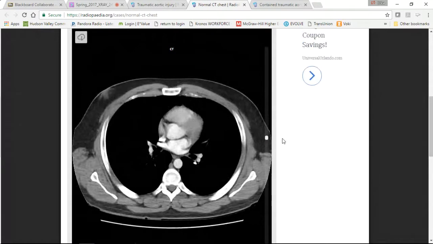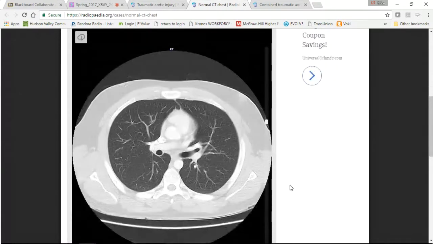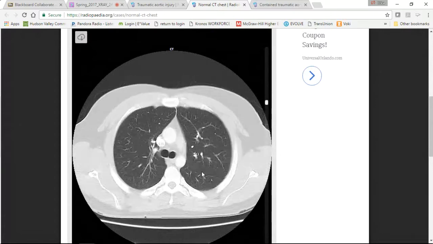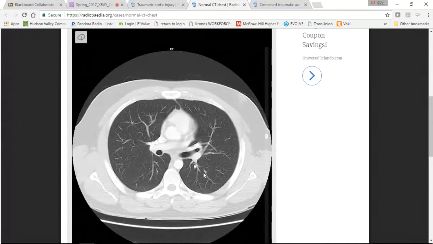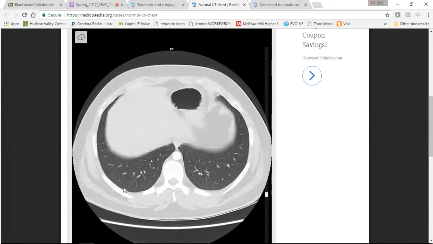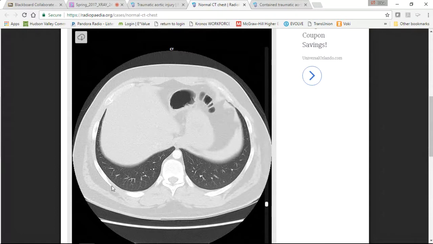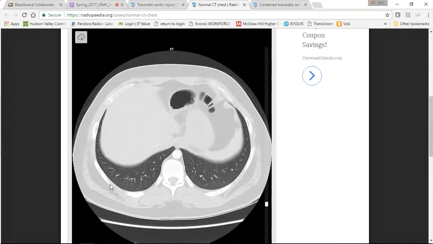We can talk about the parietal and visceral pleura. Let's switch over to our lung window and see if we can see them. Remember, it's very difficult to see the distinction between those two linings of the thoracic cavity if there's nothing occupying that space. Actually, you can make out this very thin black line here.